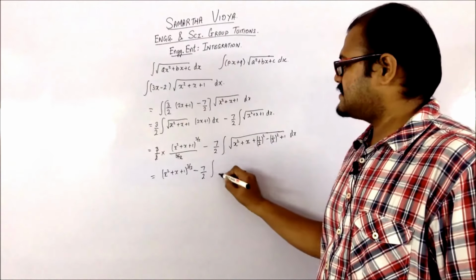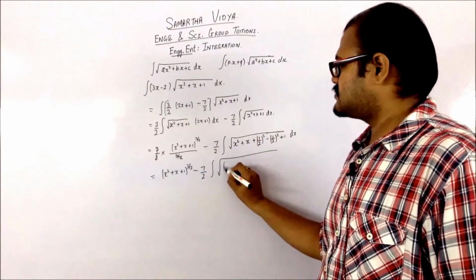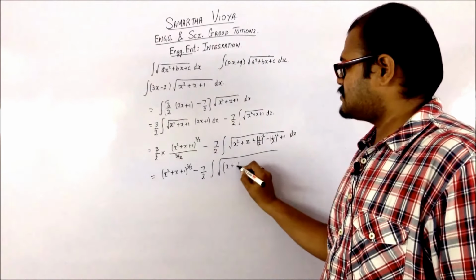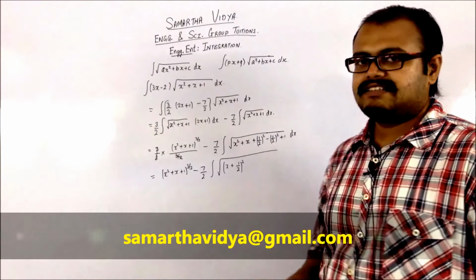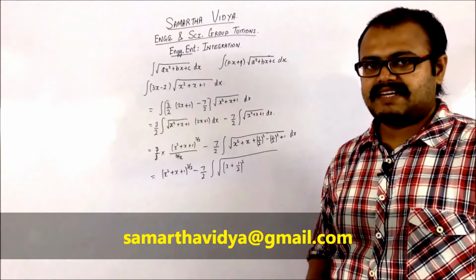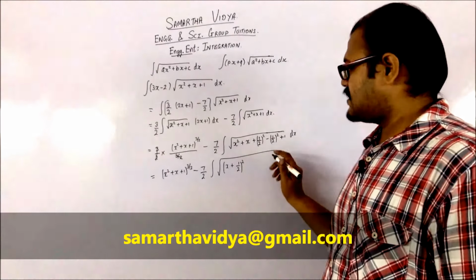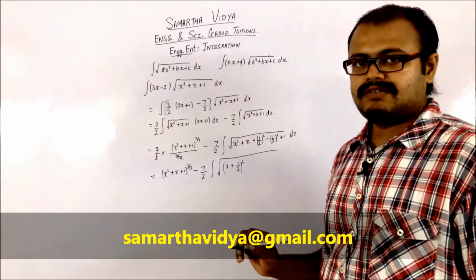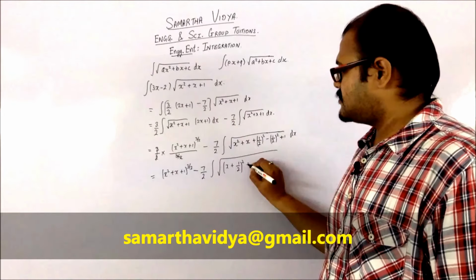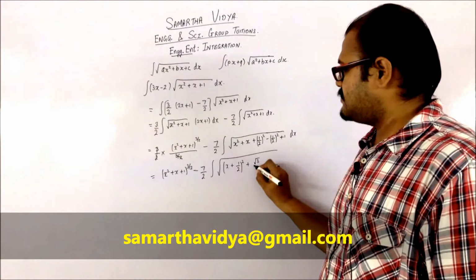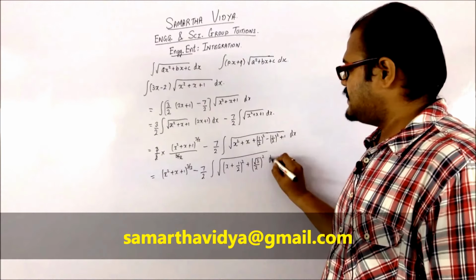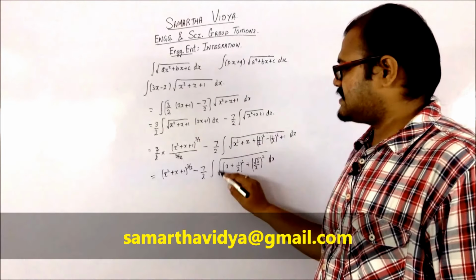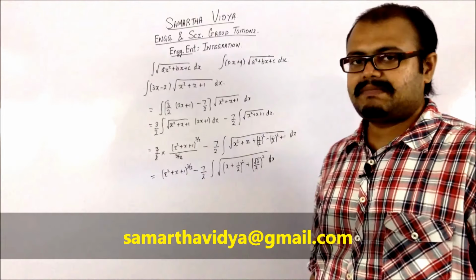So you'll be getting this as root of x plus 1 by 2 the whole square, minus 1 by 2 square, which is minus 1 by 4 plus 1, which becomes 3 by 4. So that is going to be plus root 3 by 2 the whole square dx. So you are again having this as root of x square plus a square.